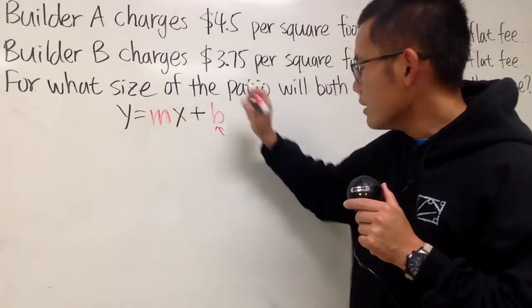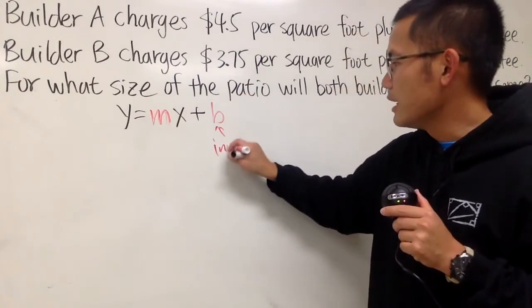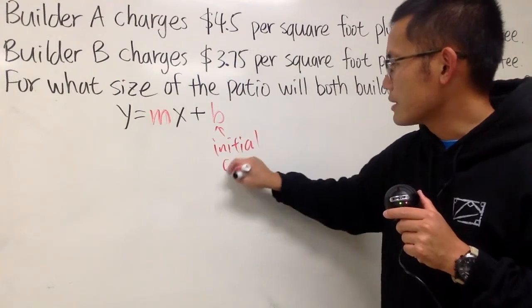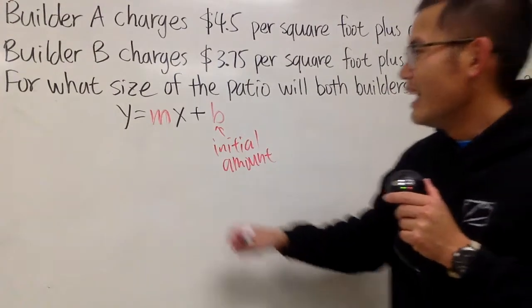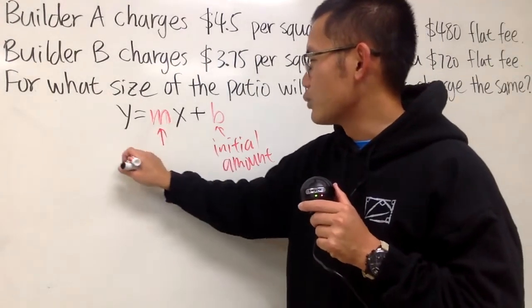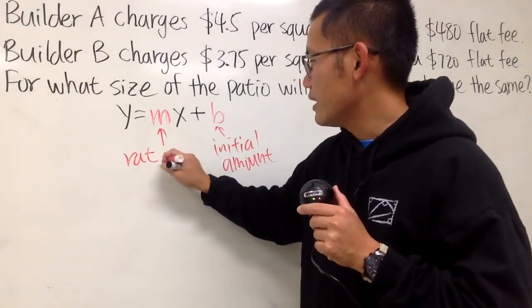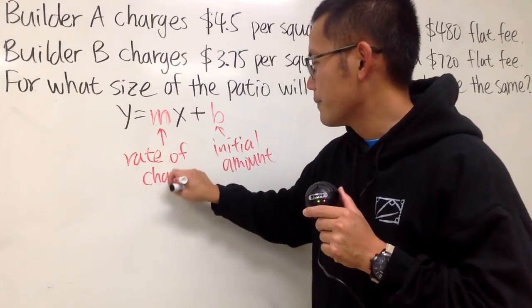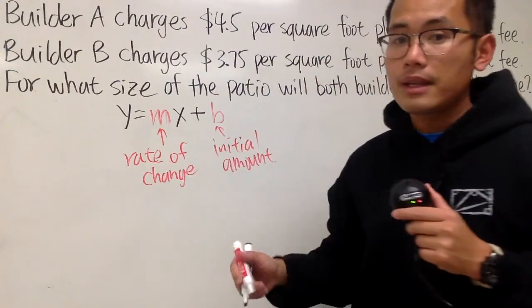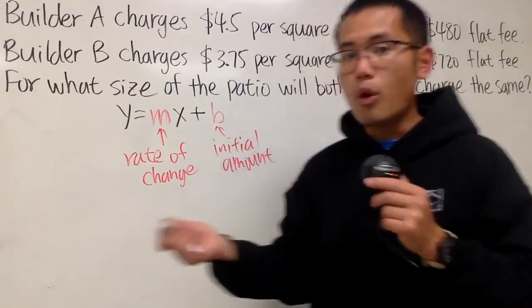So again, the b, the y-intercept, is the initial amount. And in this case, it's the flat fee, of course. And the m right here is the rate of change. So now we are going to write the equations for both builders.